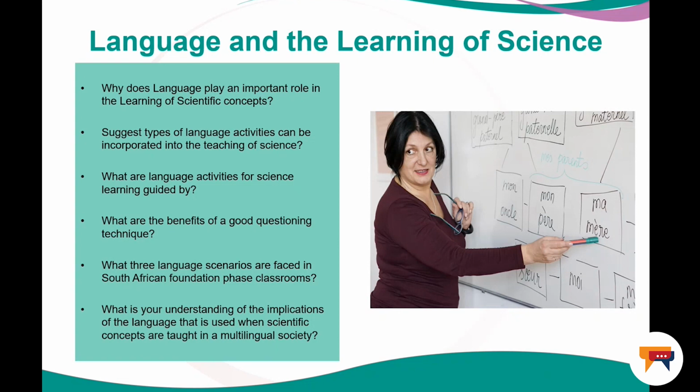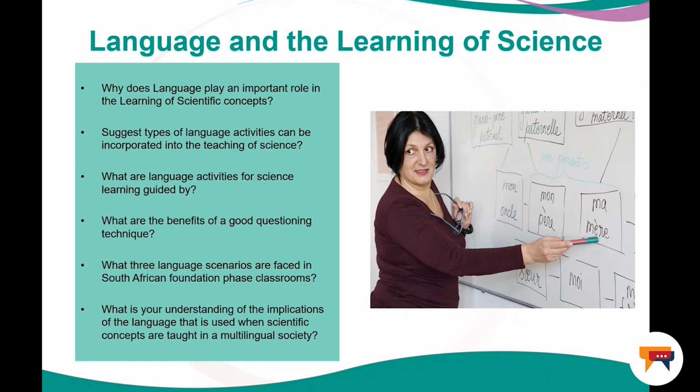Although we will not give solutions to these challenges, it is important that we understand the implications of language within our science lessons. How do we overcome these challenges and not let them affect our science lessons? We need to think about different methods, maybe using pictures or videos, so that we can still develop scientific words and understanding, even though there is a barrier, whether it be in reading or writing or whatever that may be.